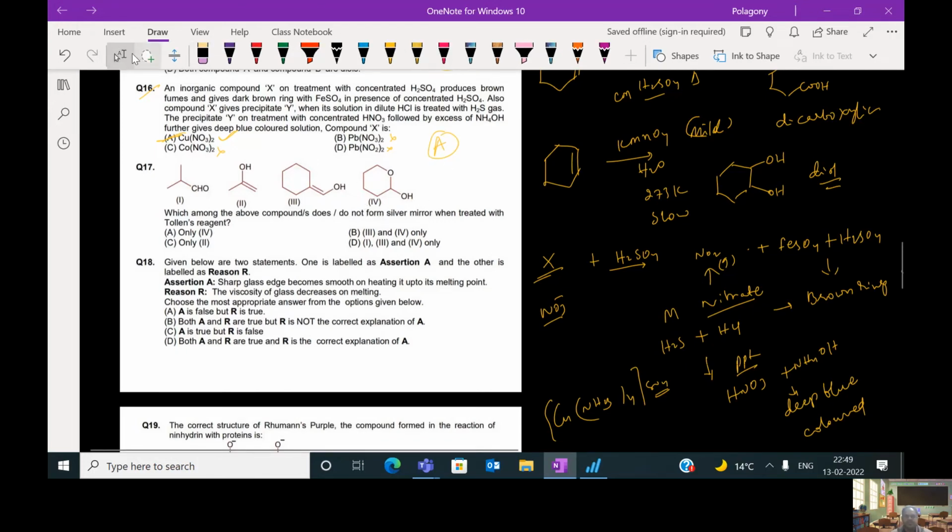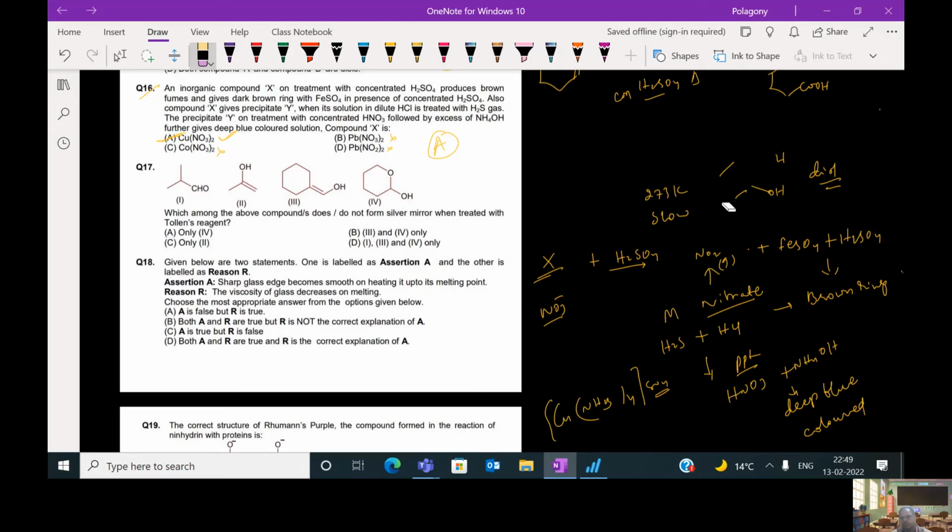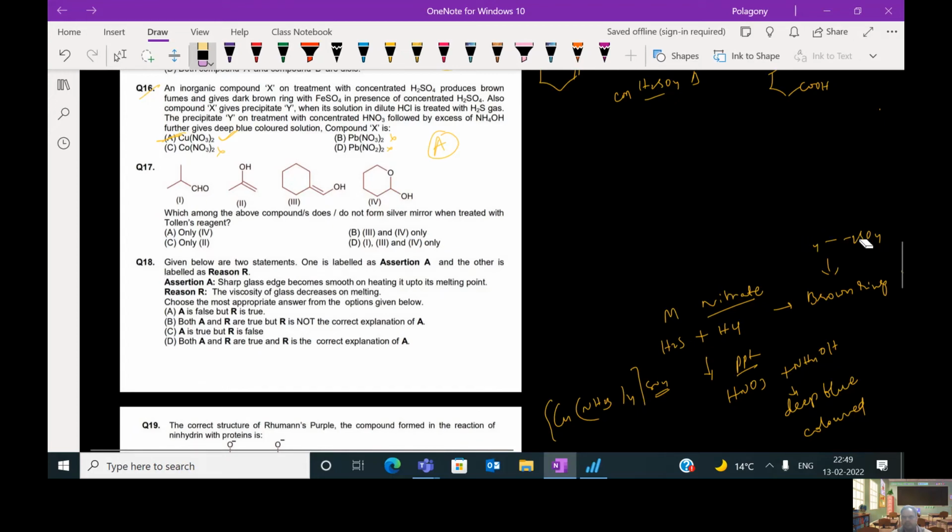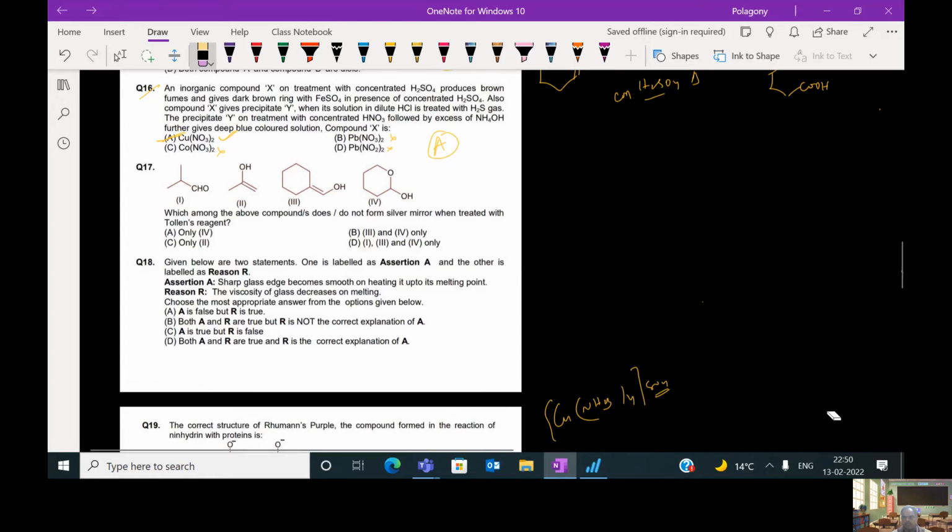Now question number 17. Four options are given, with compounds 1, 2, 3.